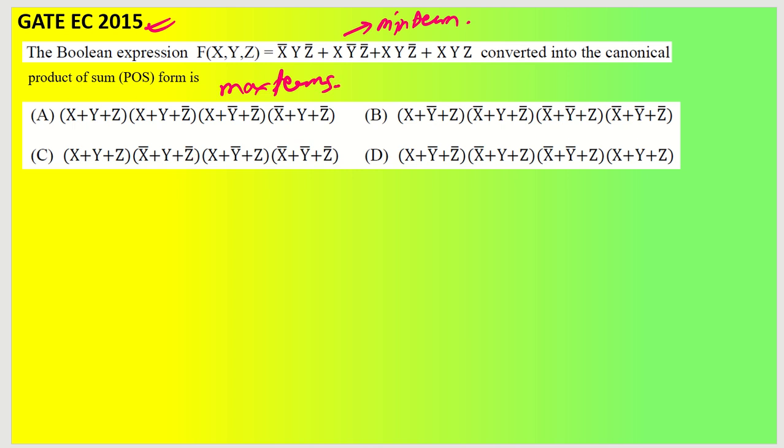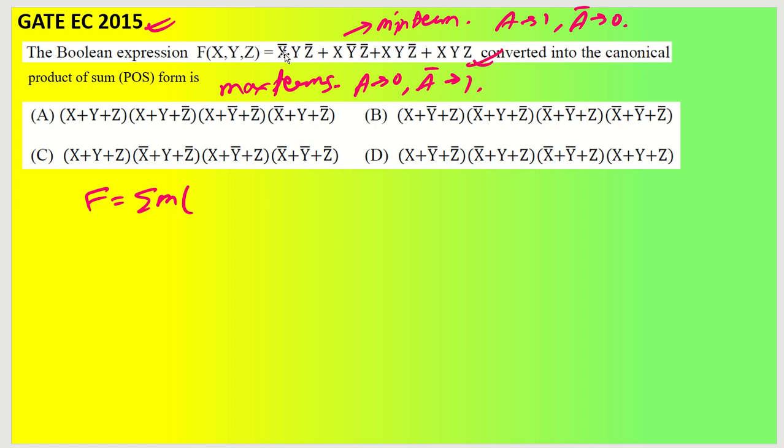I have already told you that for a min term, a is 1 and a bar is 0. For a max term, a is 0 and a bar is 1. Like that you have to understand, right? So from the function, if I try to write it down as the summation of min terms, this is the function that is given.